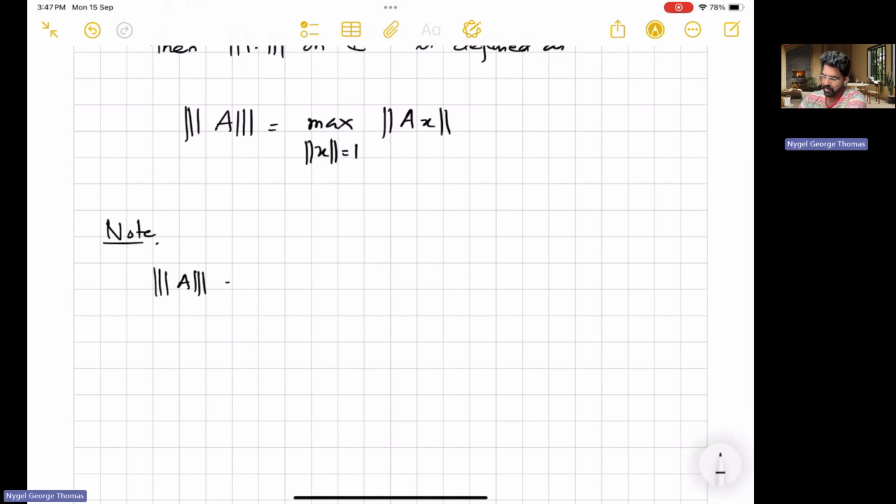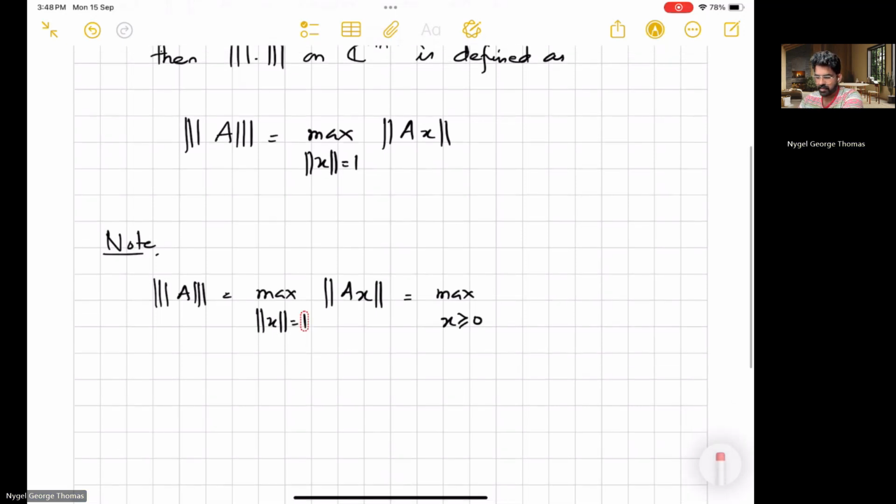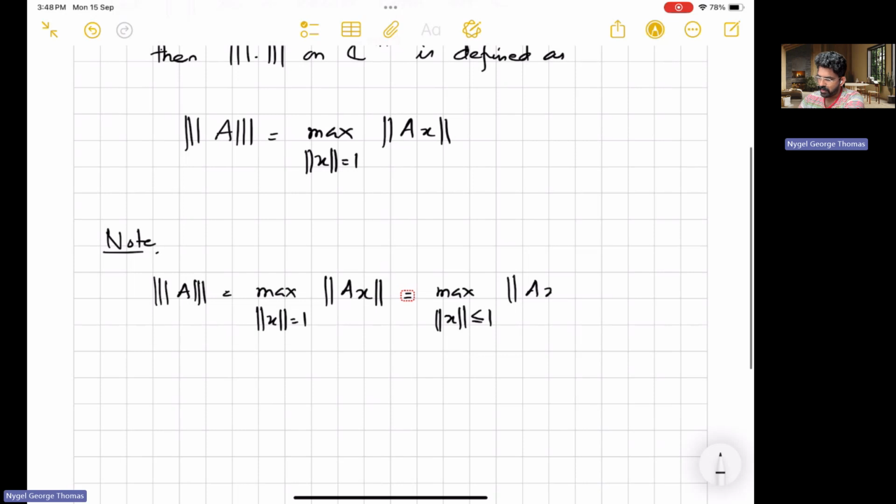The matrix norm of A, which is the induced norm, we've already seen as max over norm x equal to 1 of norm of Ax. But this can be further relaxed to max over norm of x less than or equal to 1 of norm of Ax.